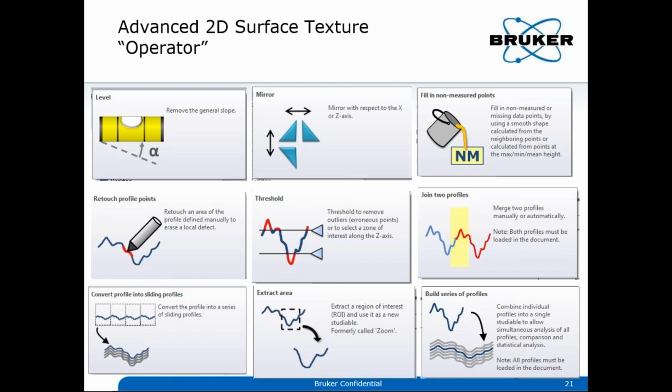So the advanced 2D surface texture is a 2D analysis, and it includes all the features listed here. You can level, you can do the mirroring, and you can do a touch-up on the 2D scan line, and also you can set a threshold to report the data that you want.